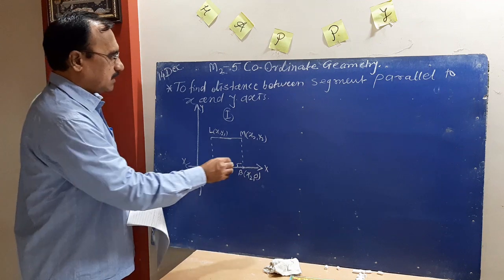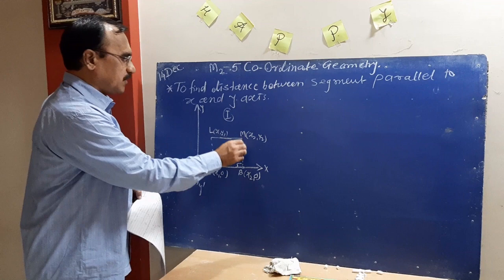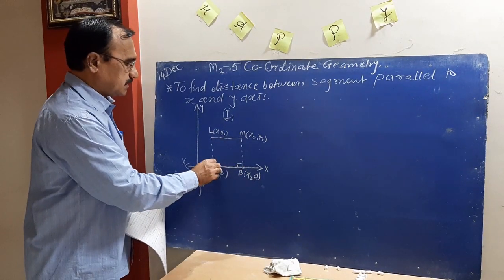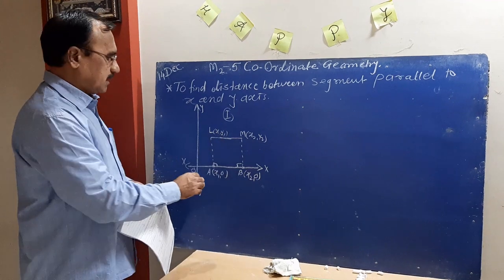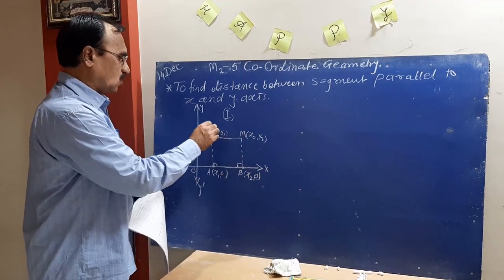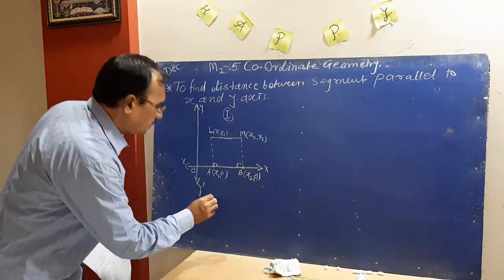Then if we observe this figure, these 2 segments are perpendicular from points L and M. This means this is 90 degrees. That means quadrilateral ABML, or LABM, is a rectangle.